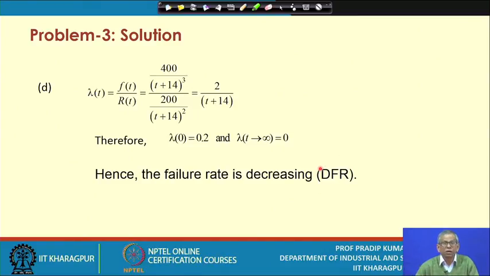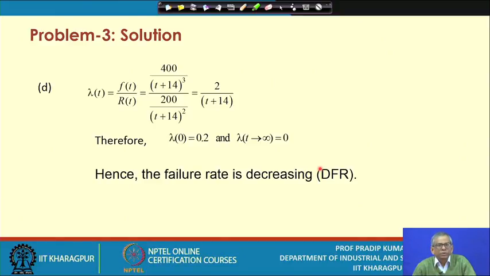Now with this failure rate, it may not be acceptable to you. You have to think of ways and means to improve the reliability. That means what are the ways in which you can at least make the failure rate constant?